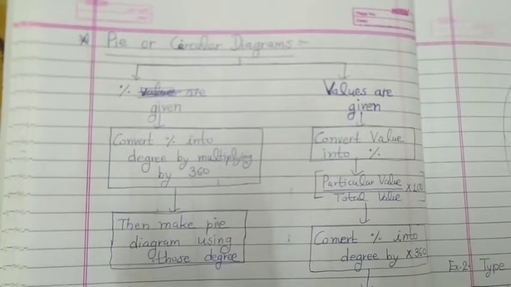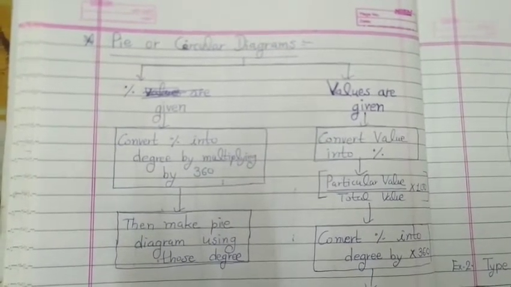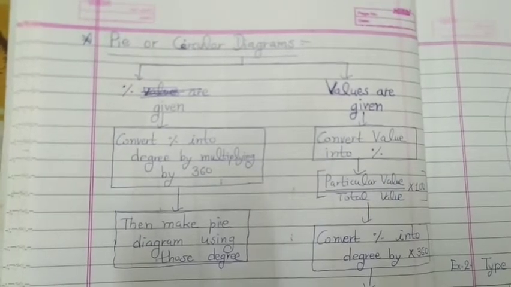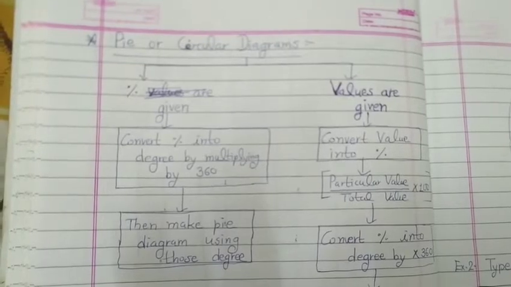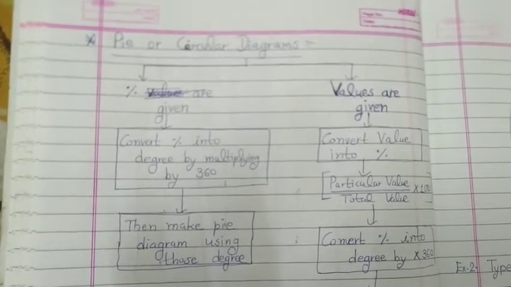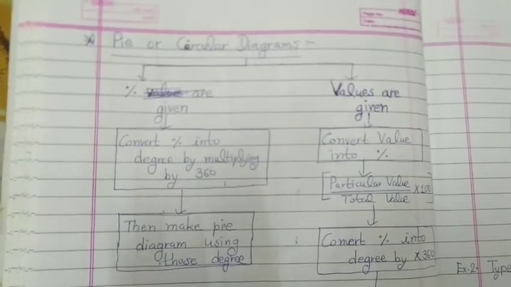When percentages are given, there are only 2 steps. First step, by multiplying by 360 we will find the degrees, and then from those degrees we have to make the pie diagram.